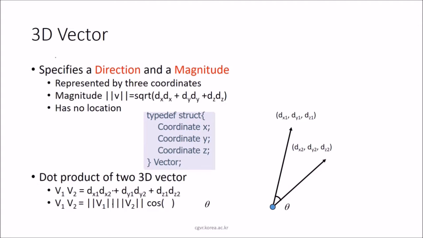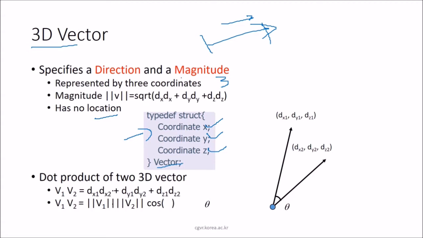What about the 3D vector? 3D point we have seen. A 3D vector specifies a certain direction and also the magnitude. This is represented by three coordinates, and the magnitude will be given by the square root of dx square plus dy square plus dz square, and it has no location. The programming representation will be typedef struct, coordinate x, coordinate y, coordinate z.